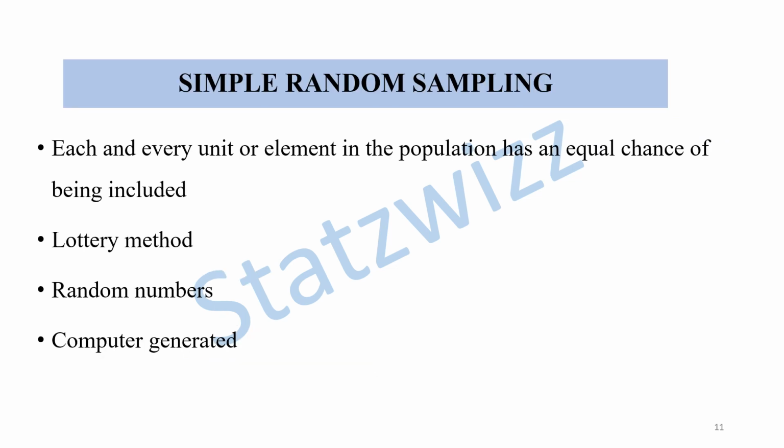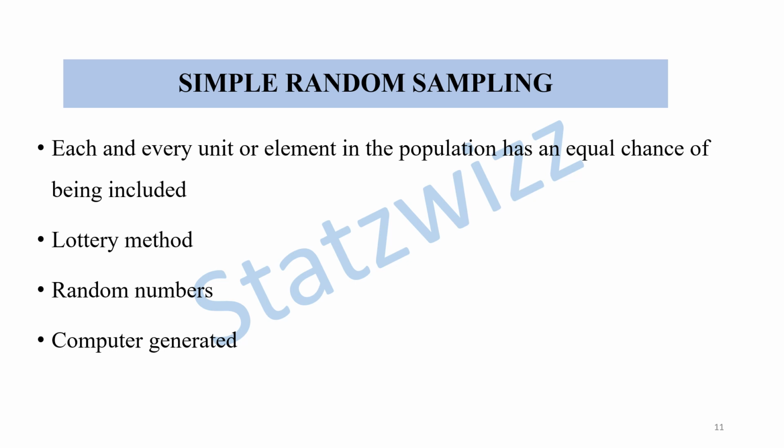Simple random sampling is the most common as well as the most important method of random sampling, which will be used for other samplings also. In this sampling method, each and every unit or element in the population has an equal chance of being included in the study. Simple random sampling can be done just by using a lottery method.